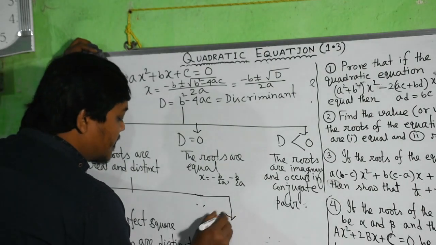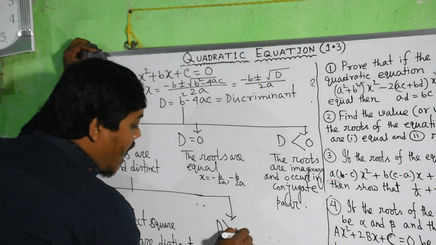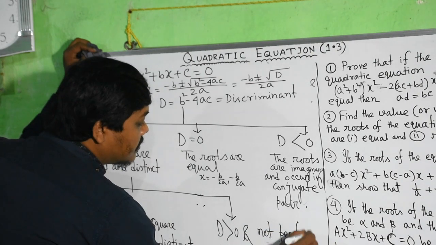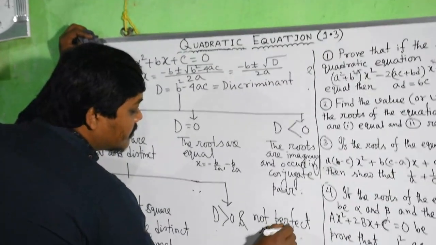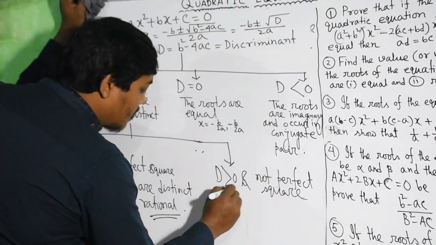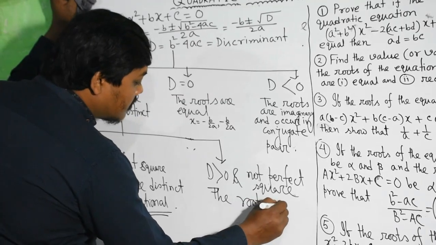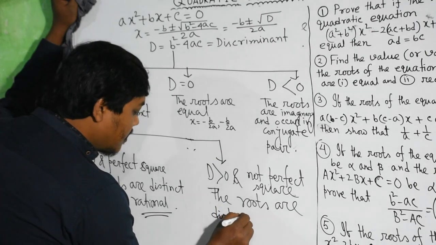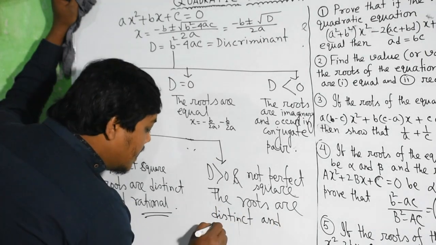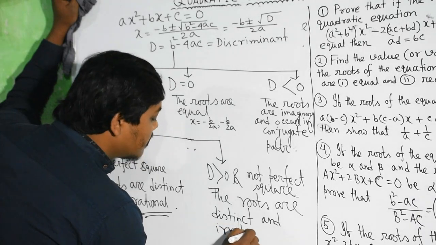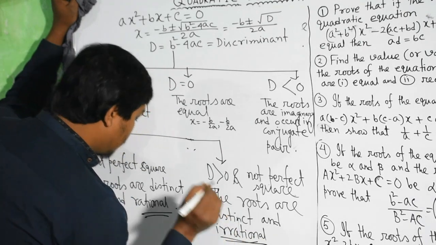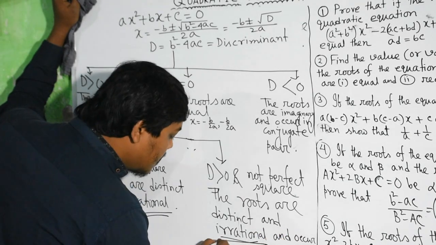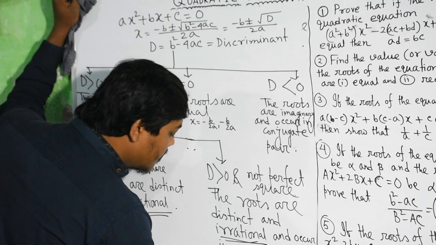And in this subcase, D is of course greater than 0 and not a perfect square, so the roots are distinct and irrational and occur in a conjugate irrational pair.